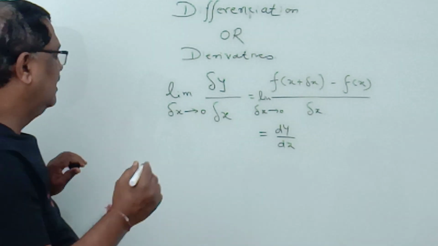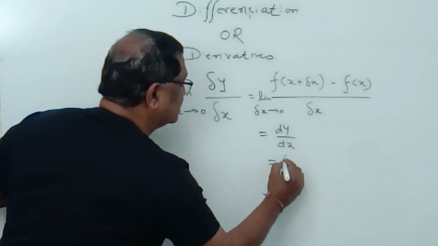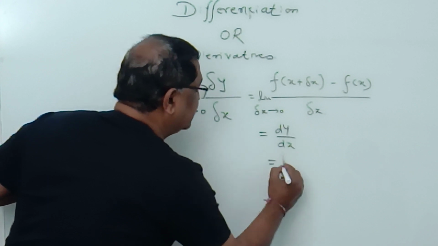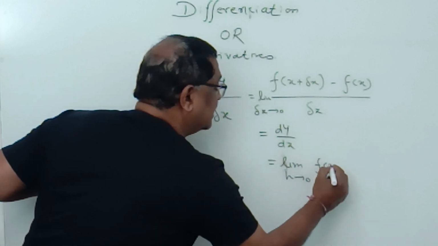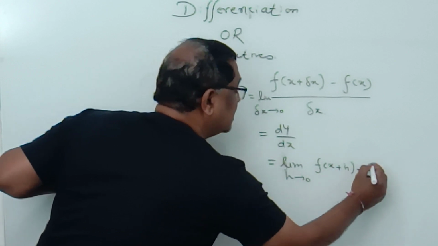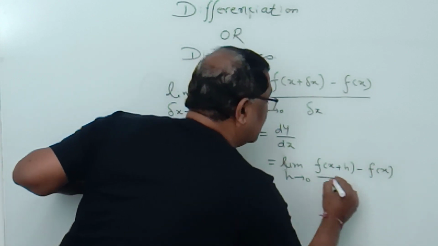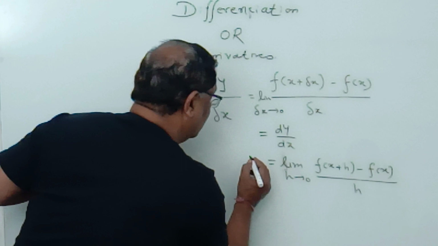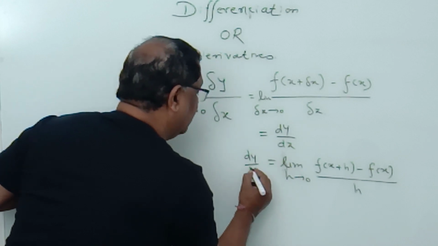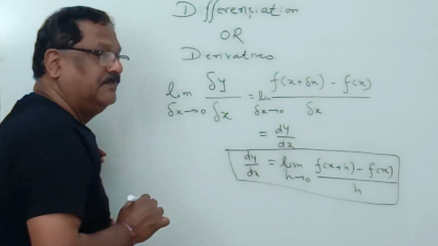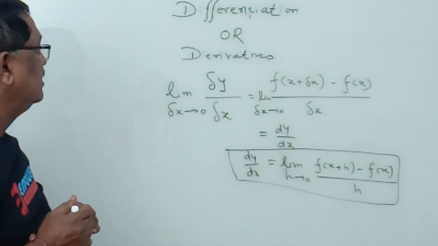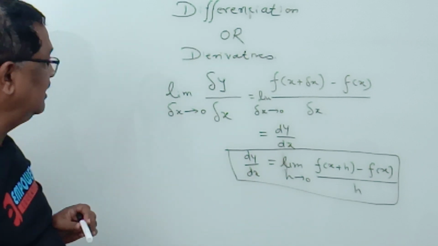Sometimes in other books it is also given as limit h tends to 0 of f of x plus h minus f of x divided by h, which is called dy by dx, and this is the definition of the derivative.